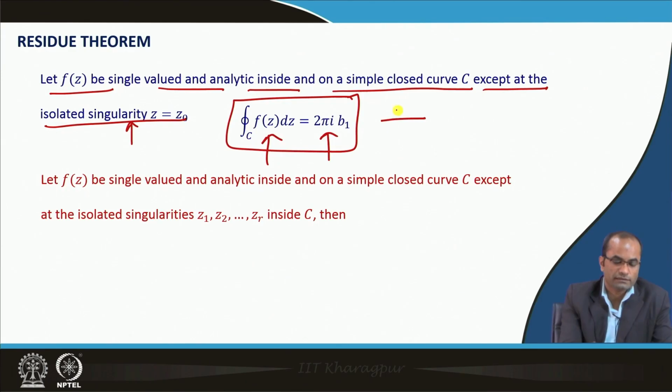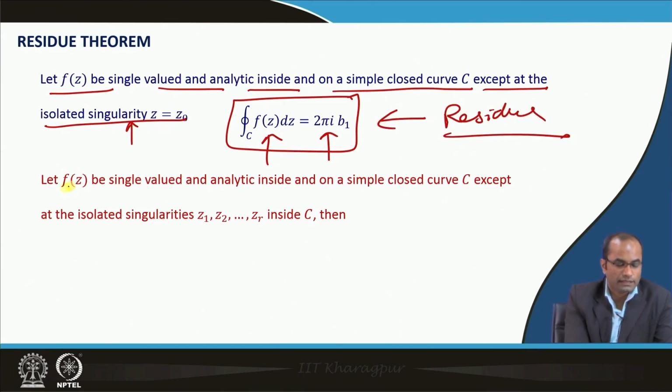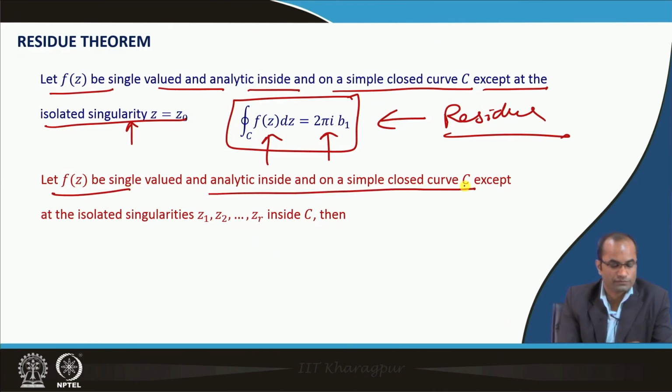So, this is exactly the residue theorem, but we can generalize it: f(z) is single valued and analytic inside and on a simple closed curve C, except at the isolated singularities z1, z2, up to zr.